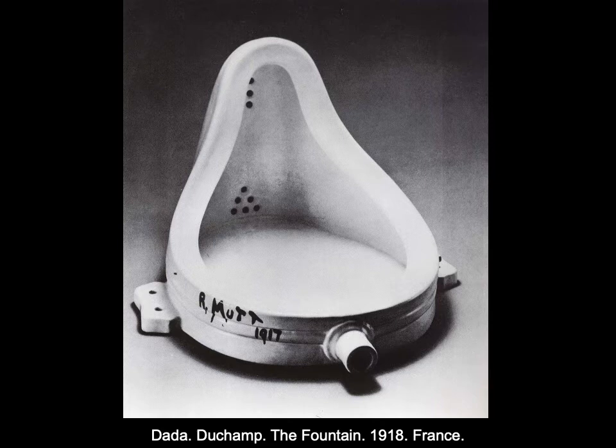So what he did was he went to the Mott plumbing works in Lower Manhattan, because he went back and forth from Paris to New York. A plumbing store called the Mott, M-O-T-T, and bought a urinal and signed it R. Mutt, M-U-T-T, and dated it 1917. Now, I dated it 1918 because the original one was destroyed, thrown away probably, and so he just made another one. Made, by the way, is kind of in quotes.